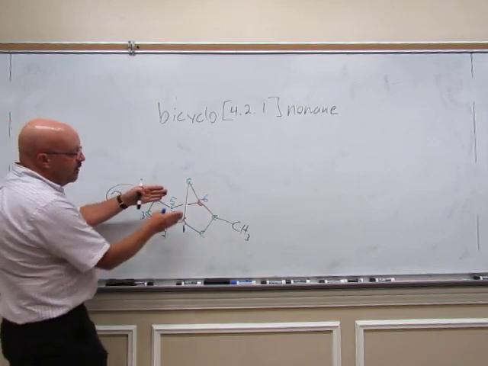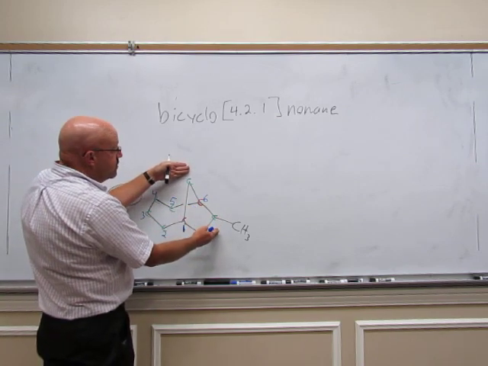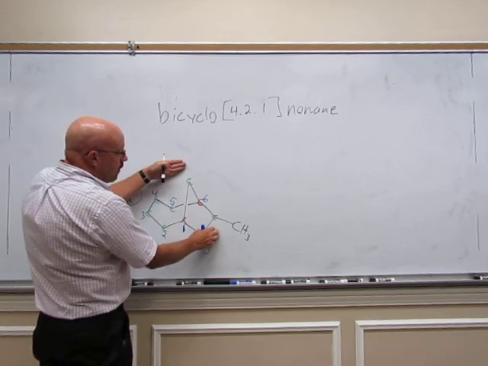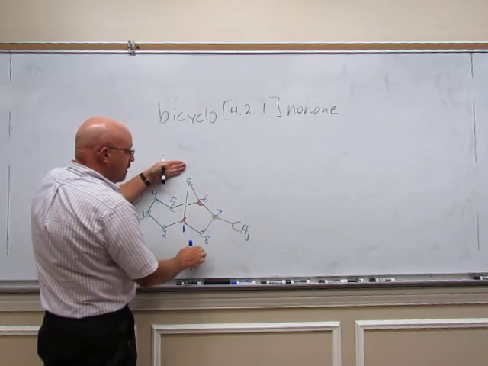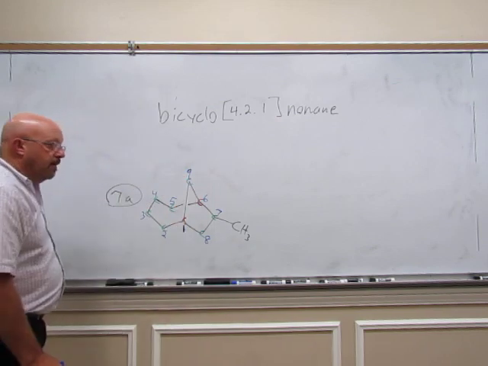Now I've got to decide, do I go to the 2 carbon or the 1 carbon? We go to the 2 carbon. We go to the biggest bridge first. So we went to the 4 carbon. Now we have to do that same decision again. We go into the 2 carbon bridge. This is 7, 8. And then finally we go into the 1 carbon bridge. There is 9.